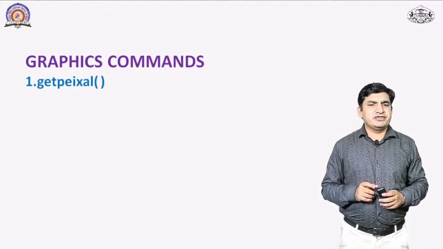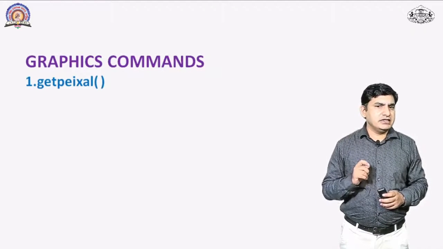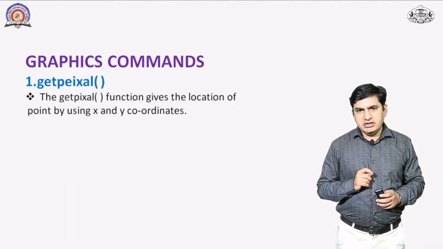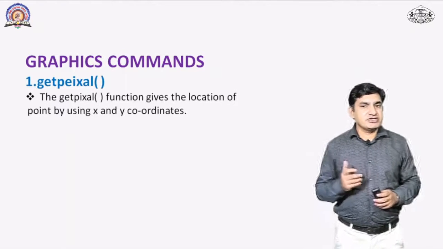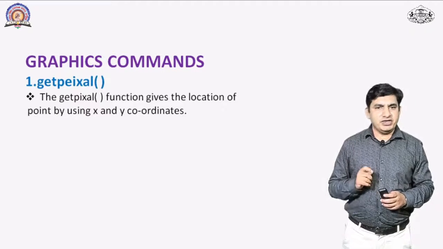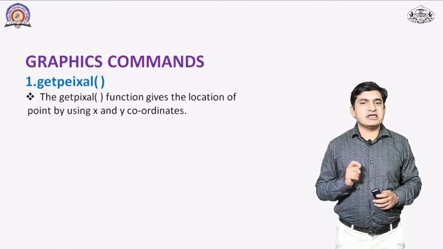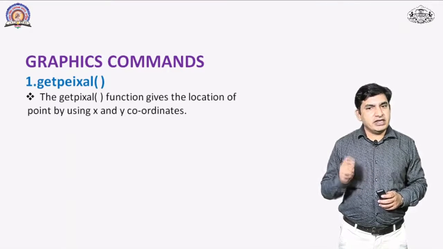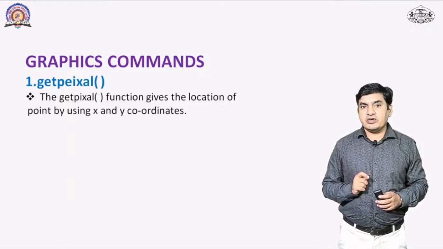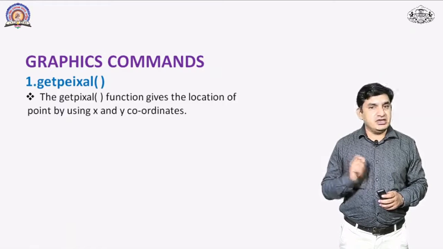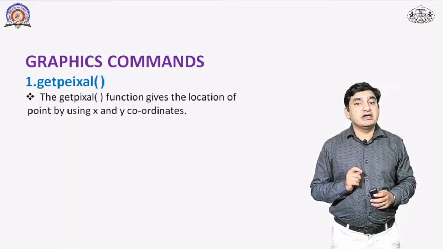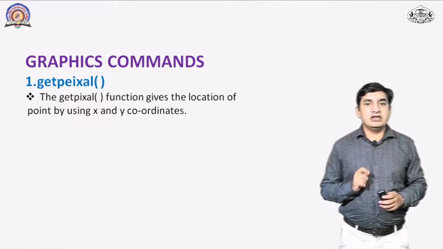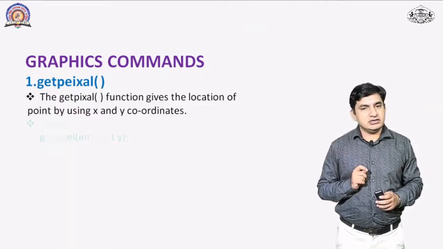Our first graphics command is getpixel. Getpixel is a function that gives the location of a point by using x and y coordinates. So we can get the location of any point on a screen by using the getpixel graphics command.